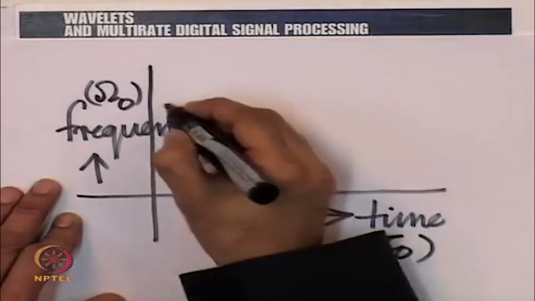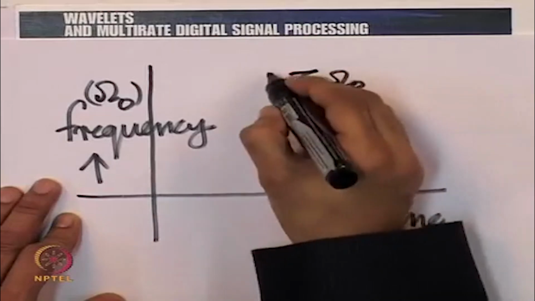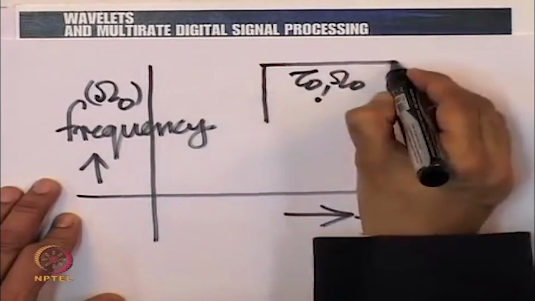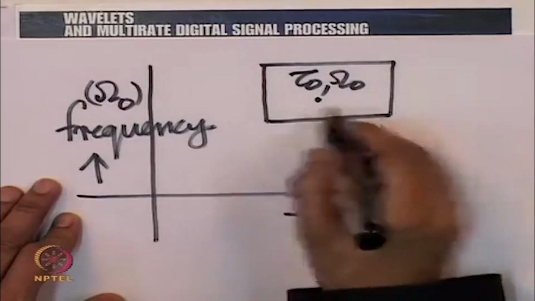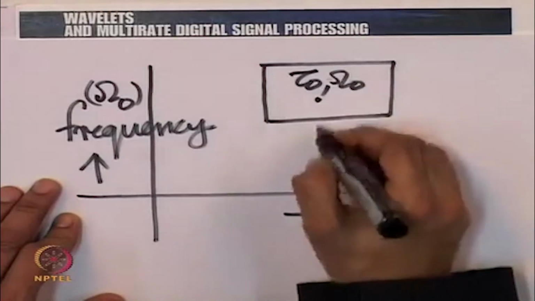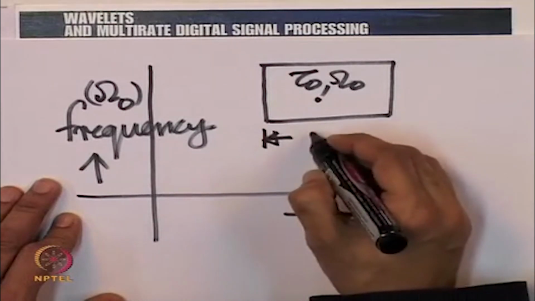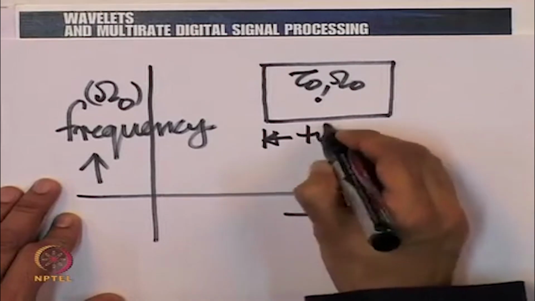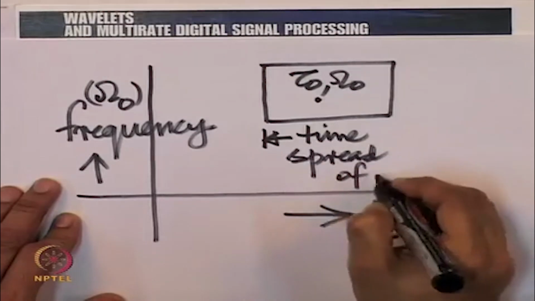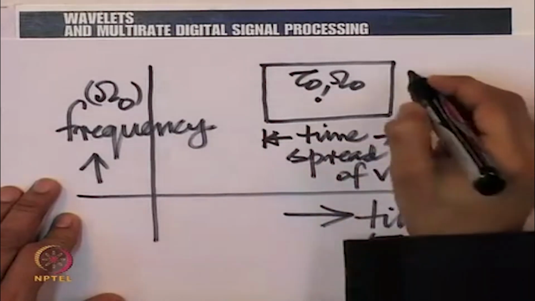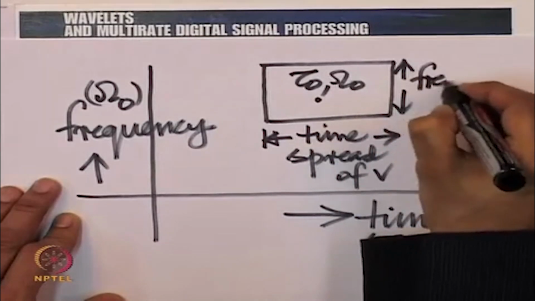So, at a particular tau naught and omega naught, what the short time Fourier transform does is to extract information in a region of the time frequency plane spread around tau naught and omega naught, where this is indicative of the time spread or twice the time spread of V, and this is indicative of twice the frequency spread of V.